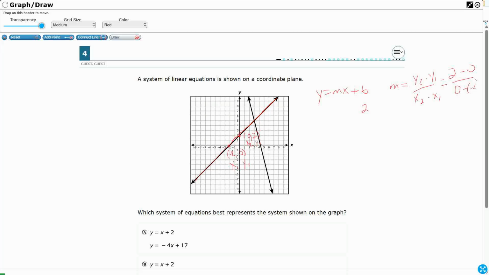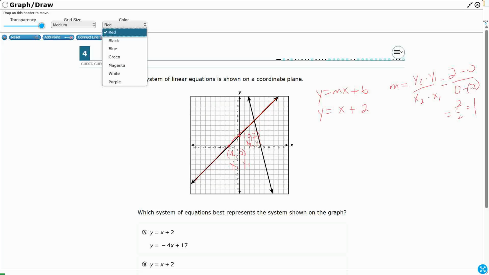It's right there. So we've got 2 minus 0 over 0 minus negative 2. That's just 2 over positive 2, which equals 1, which makes sense because it goes up. So m is 1, and I'm just going to call it y equals x plus 2. All right, that was the easy one.